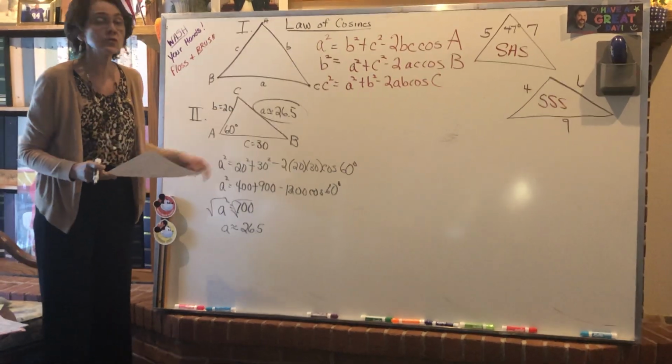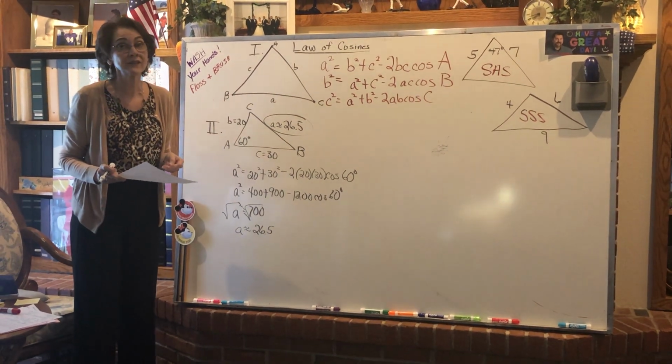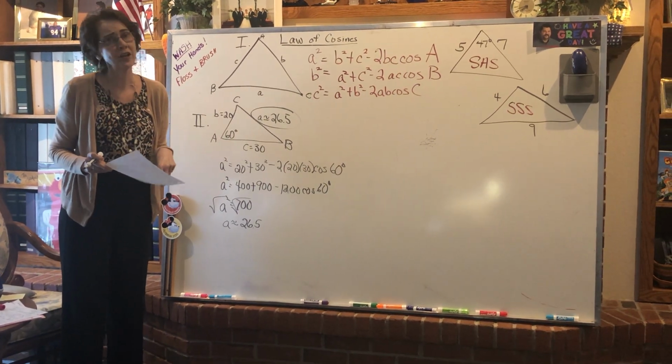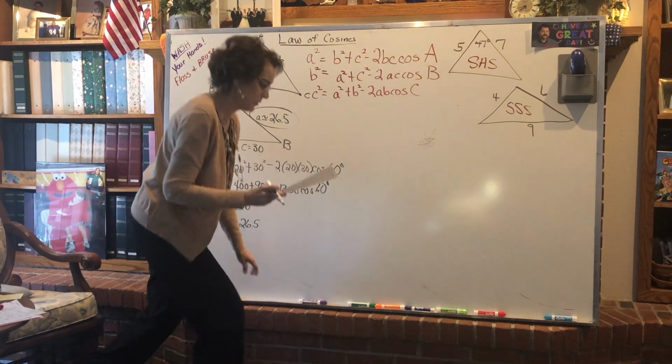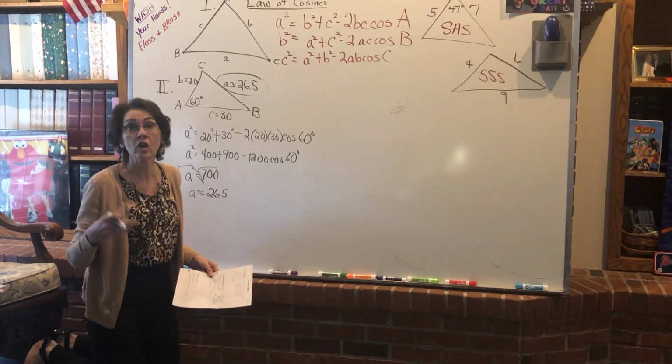Well, the truth is you could use the law of cosines, but as you remember from the last couple of days, law of sines is actually a little bit easier. So I would just use the law of sines.